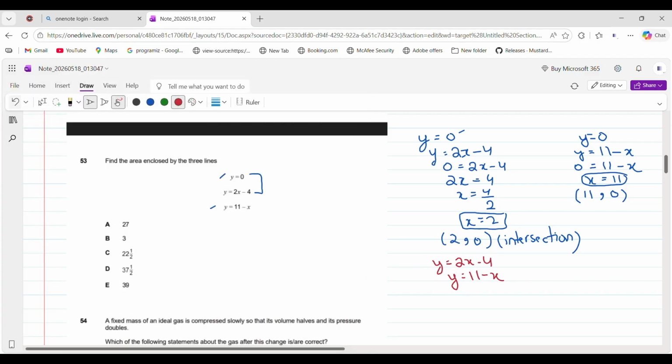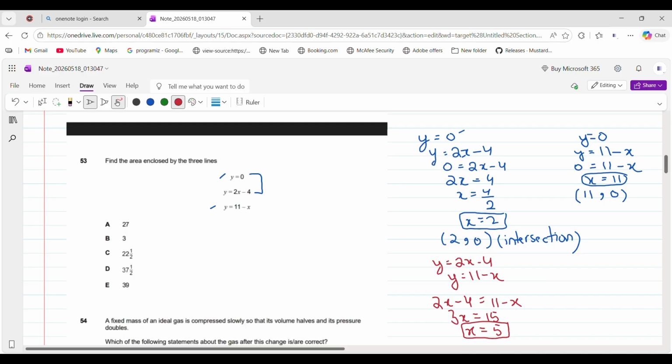So 2x minus 4 equals 11 minus x. The x is negative here, so when it goes over it becomes positive: 2x plus x is 3x. Negative 4 becomes positive there, so 11 plus 4 is 15.